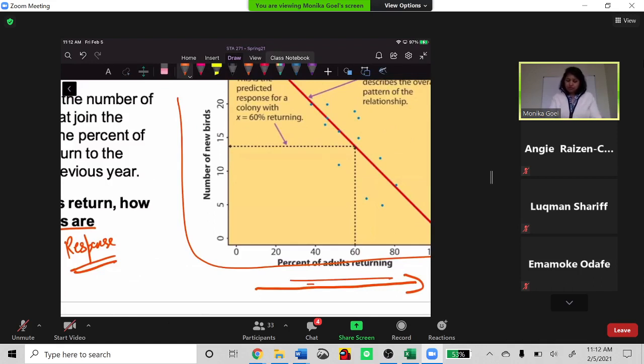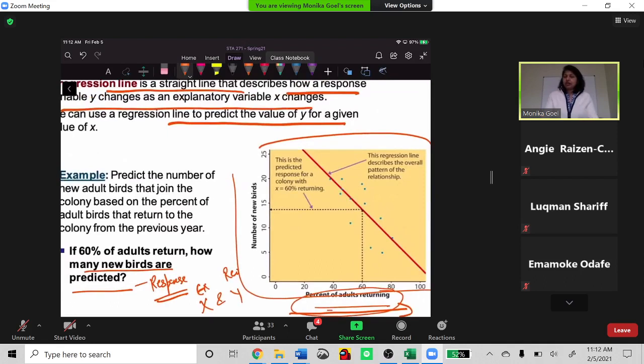So the distinction between X and Y, or you can say the explanatory and response, or independent and dependent, should be clear. Otherwise, your prediction will be wrong because you might end up predicting the value of your explanatory variable using the response. Which is not the case in correlation.